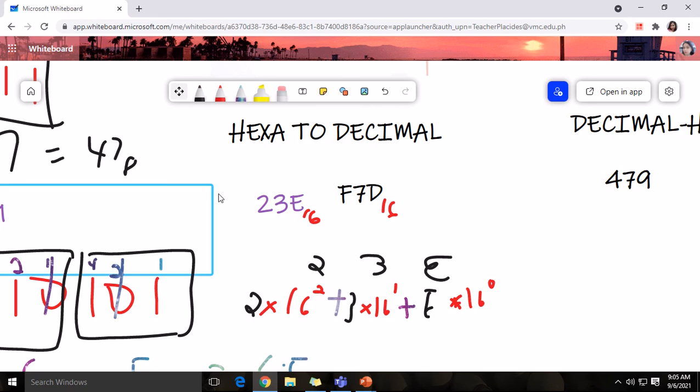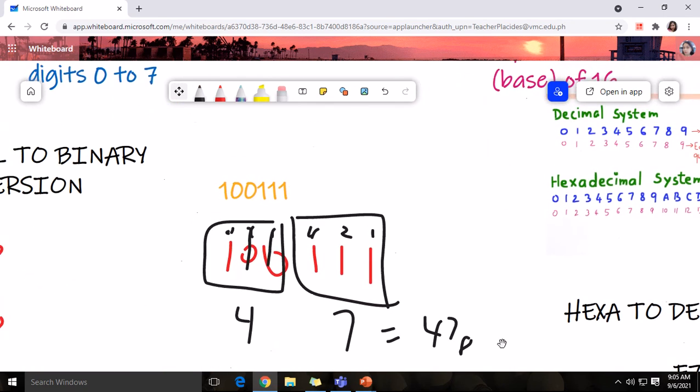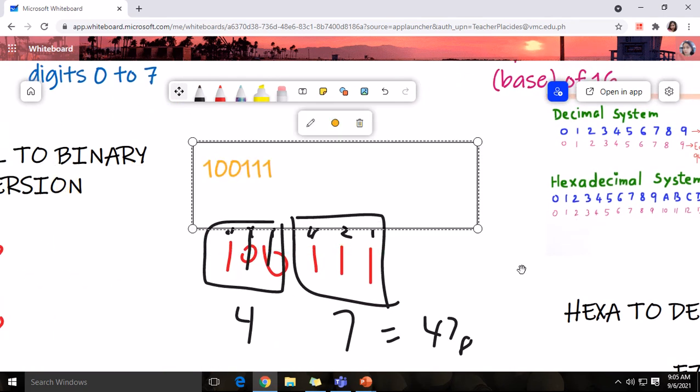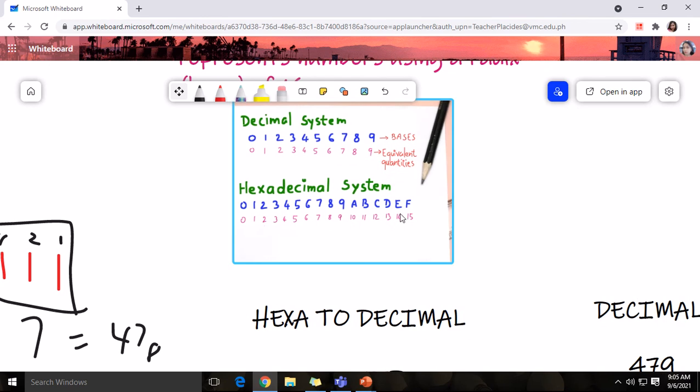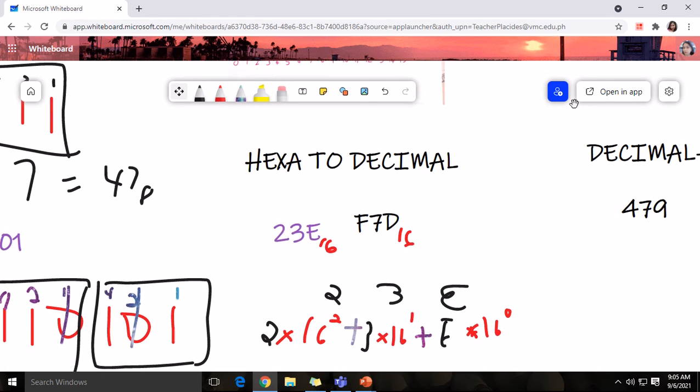It is number 14. So instead of E, we put 14.